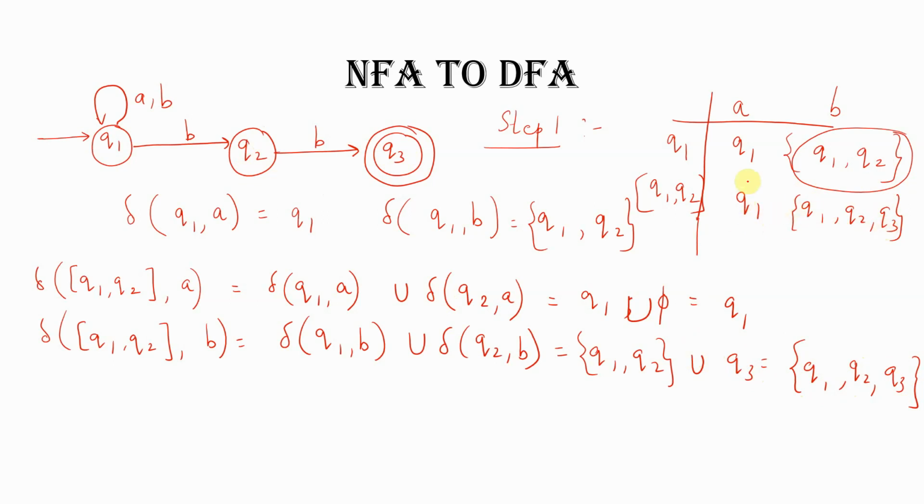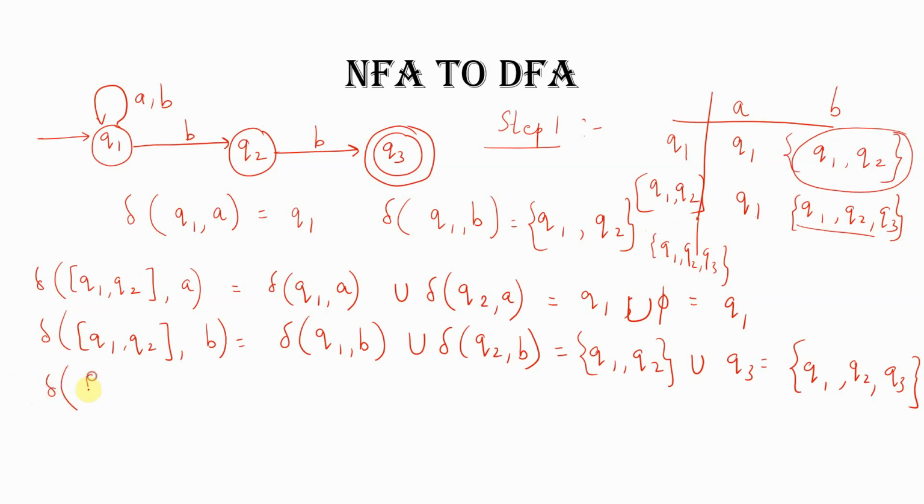Now again in this step, you check if there are newly generated states. Is Q1 a newly generated state? No, Q1 is already considered. What about Q1, Q2, Q3? Yes, it is a new state. So in the next step, we are supposed to consider this state, that is Q1, Q2 and Q3, and compute the transition on input alphabet A using the same approach.